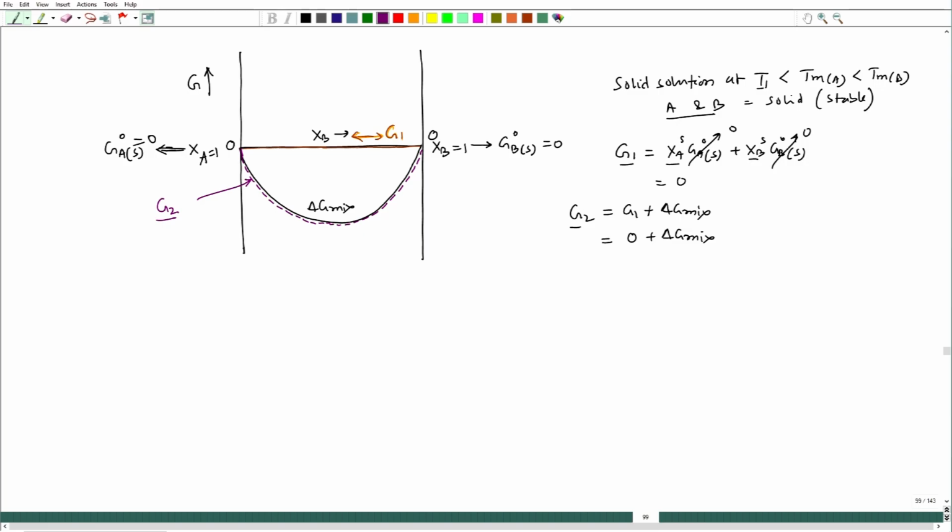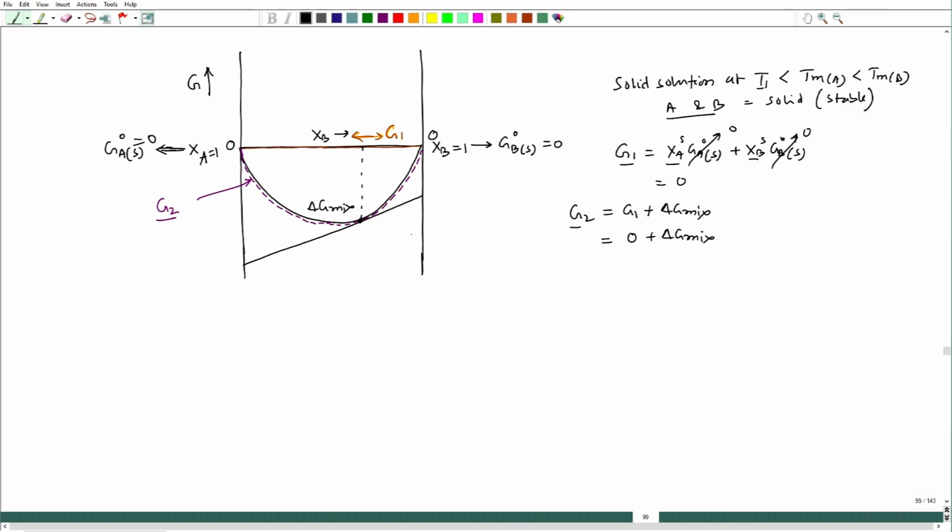Now we have already found out delta G of B as well as A when they are in the mixed condition, that is, the partial quantities. So how did we do that? We took, for example, this composition at this point, where I have to find the partial mixing quantities. So I have to draw a tangent there.